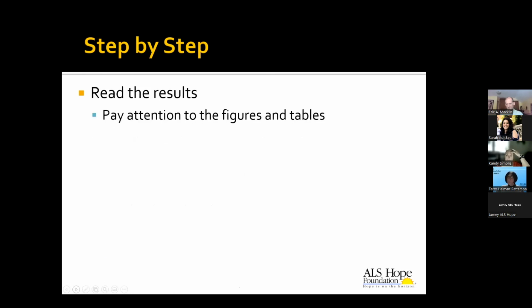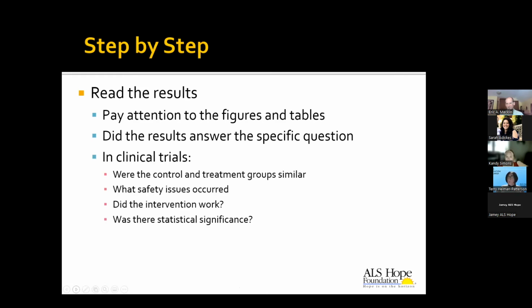And then you read the results, look at the figures and tables. That's where the meat is. Oftentimes the major results are going to be in the tables and the figures. And you want to know, when you're done reading the results, did you get the answer? And in clinical trials, when you look at the results, were safety issues considered?